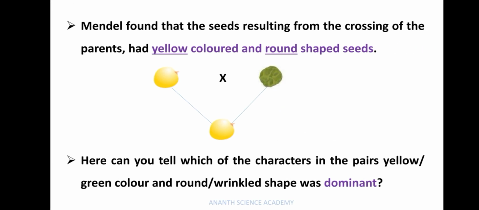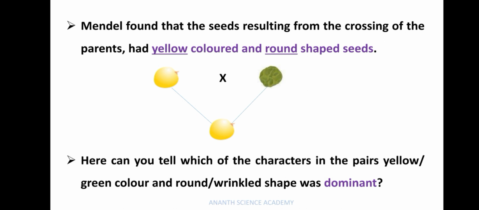Mendel found that the seeds resulting from the crossing of the parents had yellow colored and round shaped seeds. Once again, let us understand. The parents are round shaped yellow colored seeds and wrinkled green colored seeds, but the F1 progeny were yellow and round seeds.